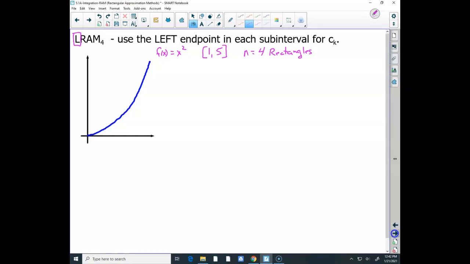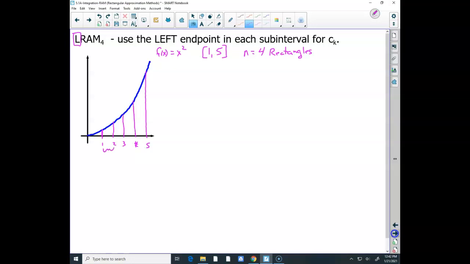So bottom line, here's 1, 2, 3, 4, 5. That's saying we need the area bounded from there to there, and we are dividing from 1 to 5 into 1, 2, 3, 4 rectangles.